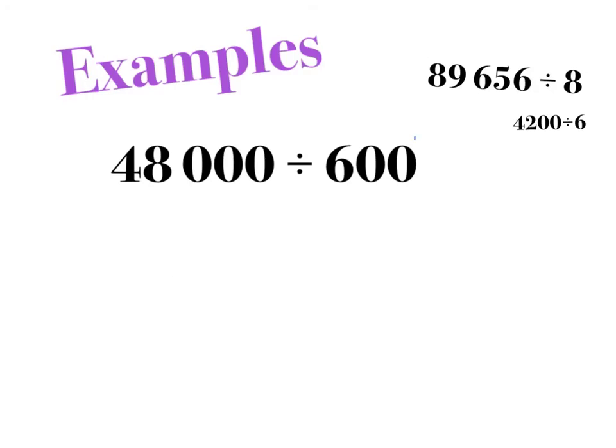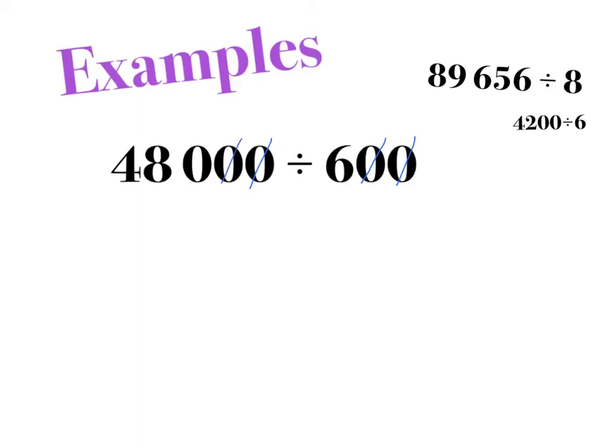I'll take a zero off from there, I can take a zero off from there, because I've taken away the same amount of zeros from both of my numbers. I took one from 600 and one from 48,000. They were both at the end, so I knew I wasn't really changing my number. I was just simplifying it. So I can take one off there and one off there. Awesome. Cool.